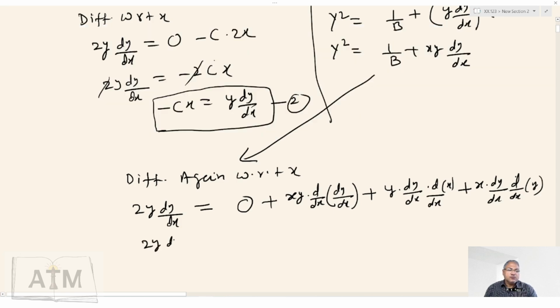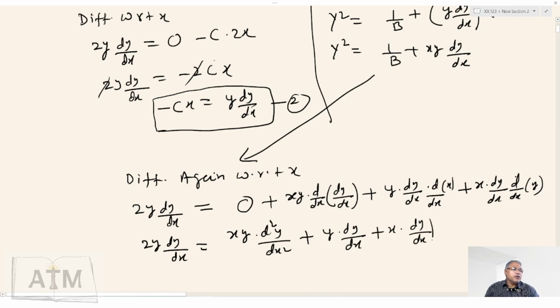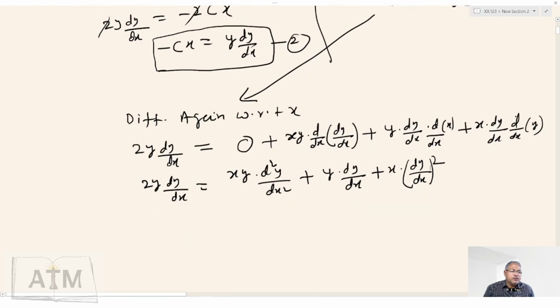So 2y dy/dx equals xy d²y/dx² plus y dy/dx plus x (dy/dx)², which can be further simplified.